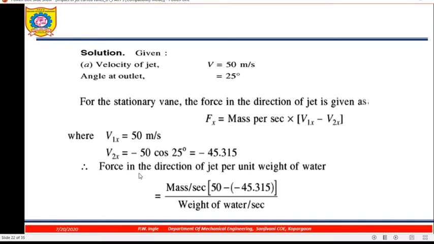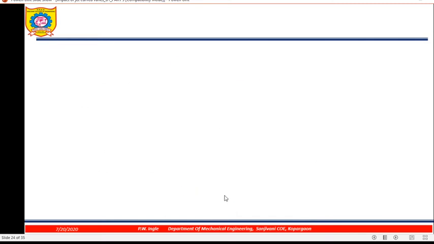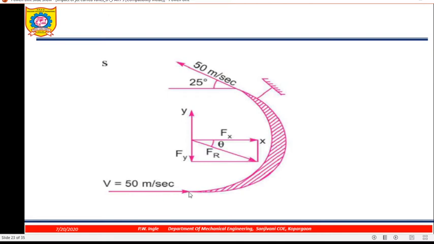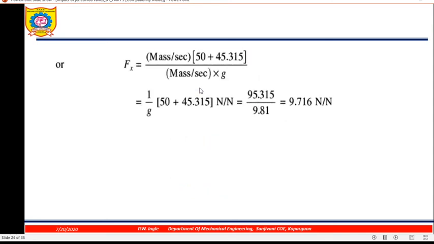So just put the values. Force in the direction of jet per unit weight of water is mass per second upon weight of water per second. You see the diagram, this is 50 meter per second and this is angle 25. Inlet is 0, outlet is 25. So it is mass per second upon mass per second into g. Mass per second will get cancelled out, so you are getting 1 by g.